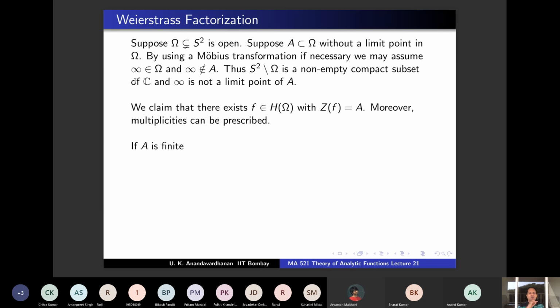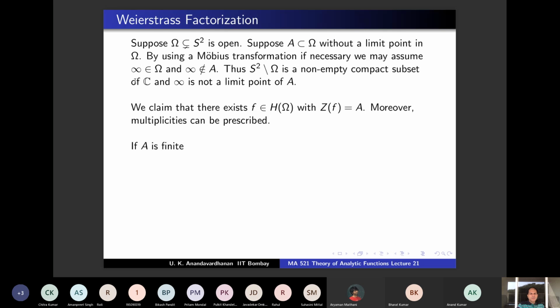Infinity belongs to omega, and f is holomorphic in omega, so it need not be a usual polynomial. I mean, your domain contains infinity also.